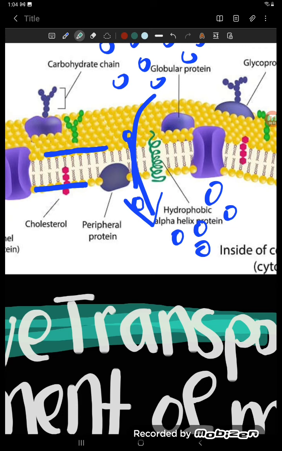That does not require energy because they're going down the concentration gradient. What does that mean? They're going from high to low. They're not going from low to high. If it was going from low to high, that would need energy. But no, it's from high to low. And that's the natural movement of molecules, unless we have active transport where it's from low to high, but we don't have that here.